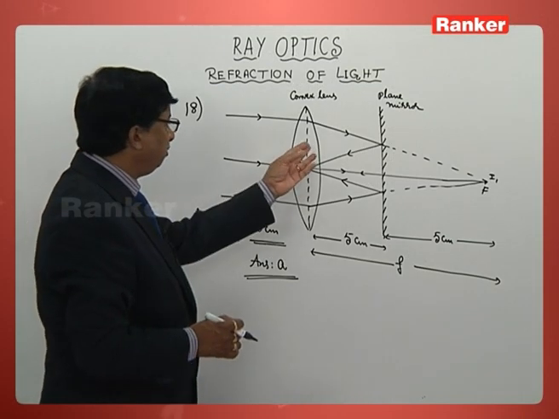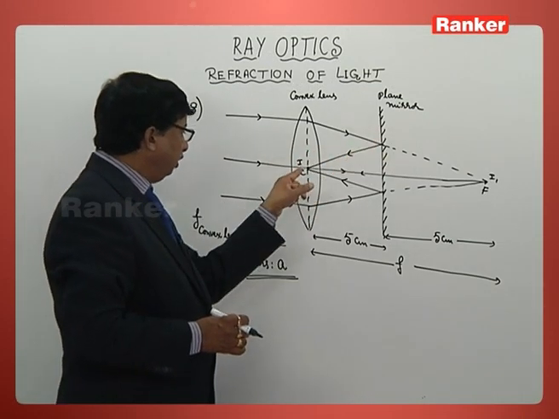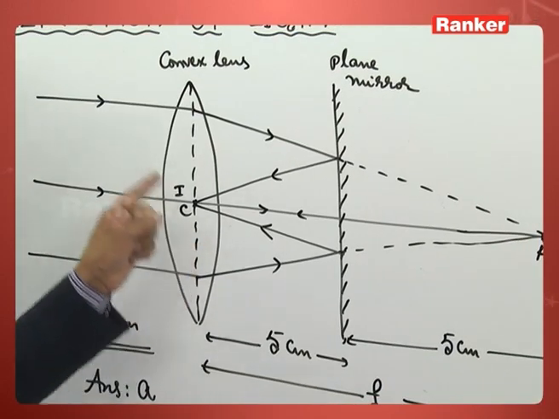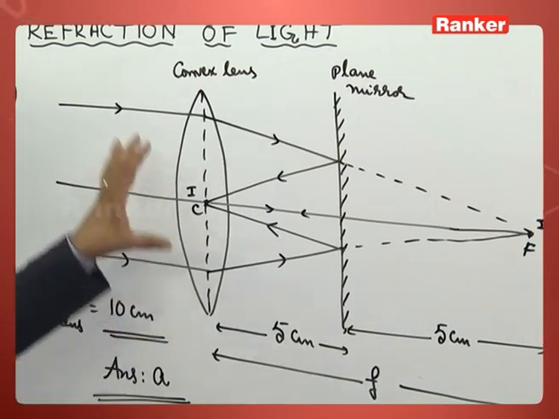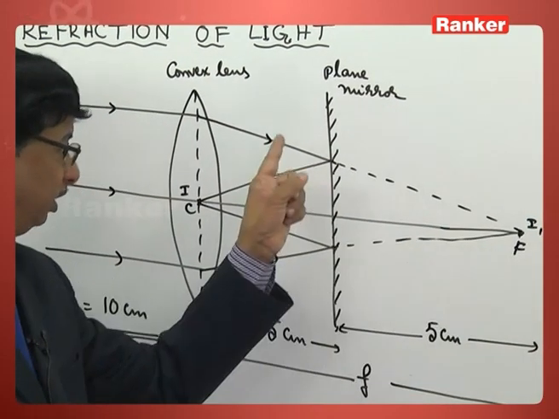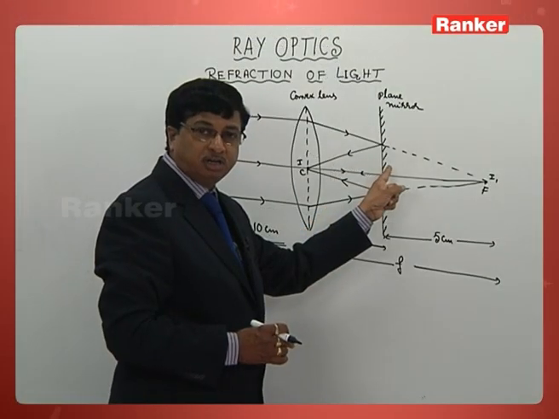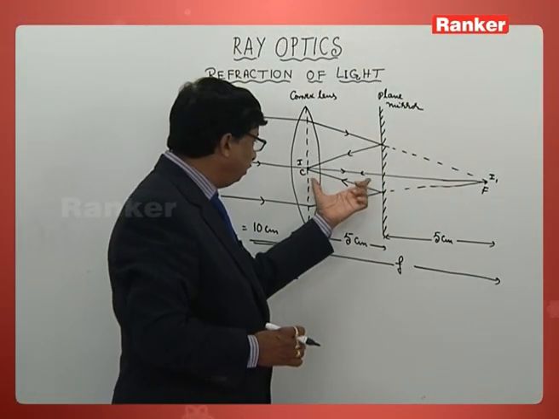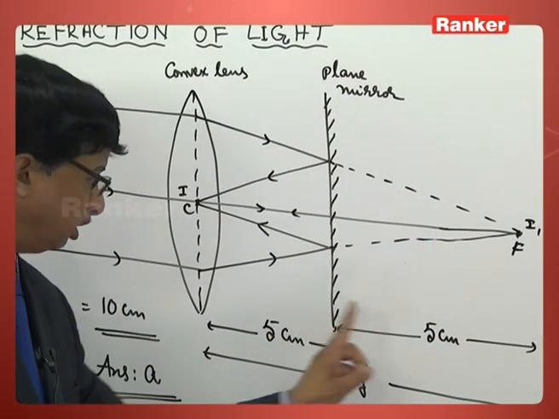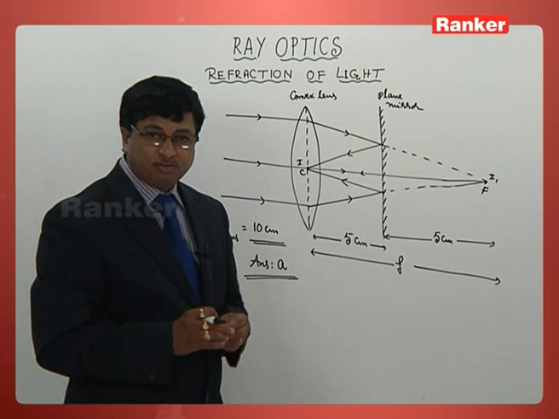The only point you should remember is that after reflection, the rays are being converged here. That means that is the final image which is formed as real there. Now the image formed by this one will be here. That image becomes an object for this mirror. So object distance and image distance are supposed to be equal. Therefore, when this is 5 centimeter, that also should be 5 centimeter.